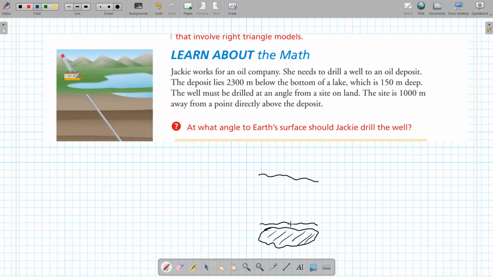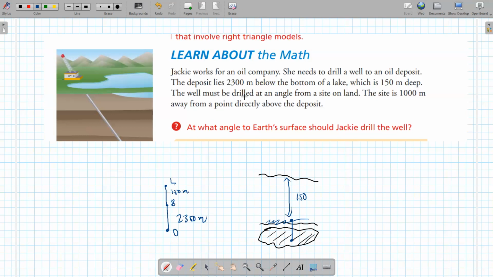So the distance from the lake bed, the floor, full of sand and stuff, to the deposit is 2,300 meters. Label it all. The lake itself is 150 meters deep. So this distance by itself is 150 meters.